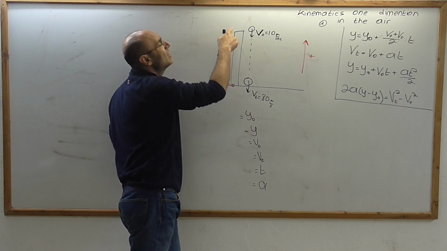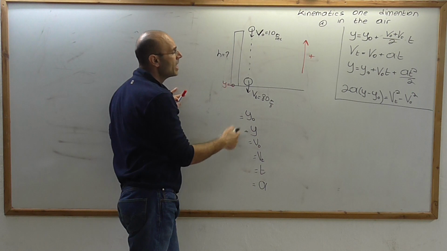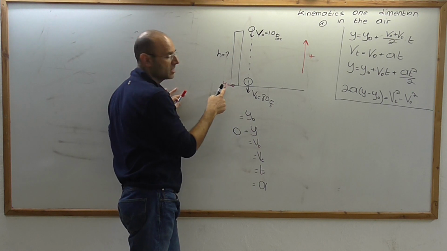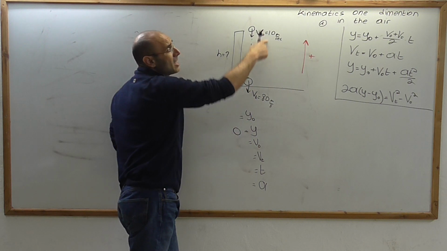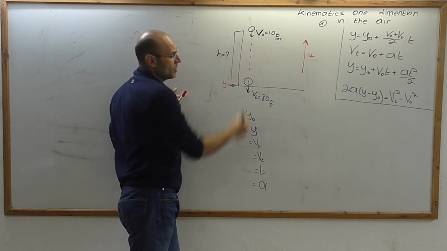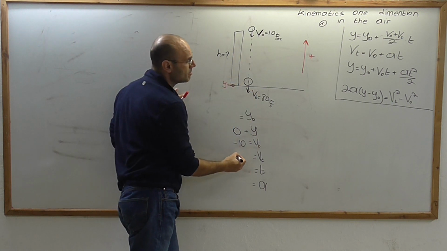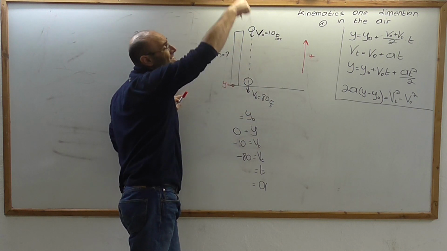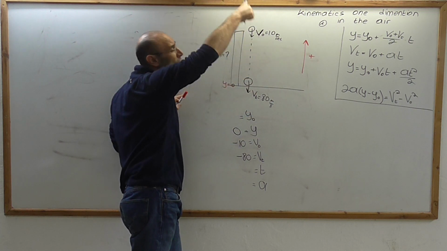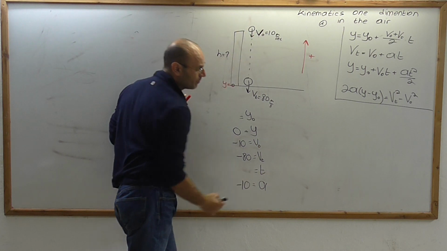So y0 I don't know because I don't know where it started. y final I do know, it will finish at the ground. V0 is 10, but it's in the opposite direction, so it's minus 10. V final is also in the opposite direction, so it's minus 80. Time I don't know. The acceleration is always downwards, which is g, which is 10, so it's minus 10.